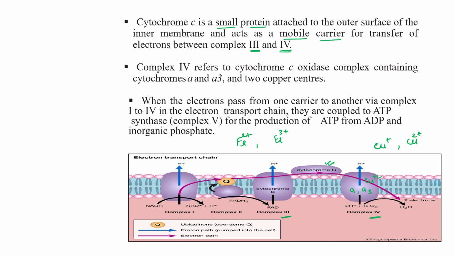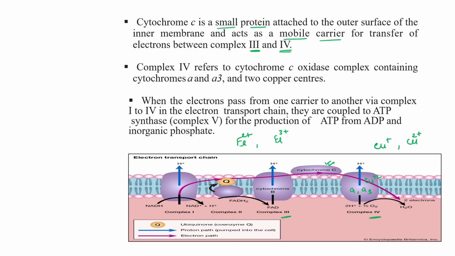So if I am iron in the +3 form, I can receive an electron and convert myself into iron +2, and then I can transfer this electron to the next carrier molecule and convert myself from +2 back to +3, and in both ionic forms I act as a stable molecule.